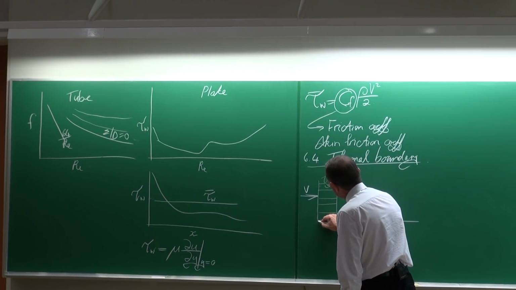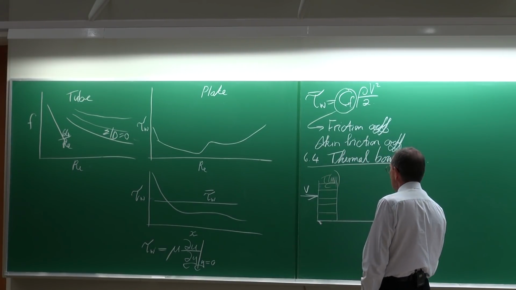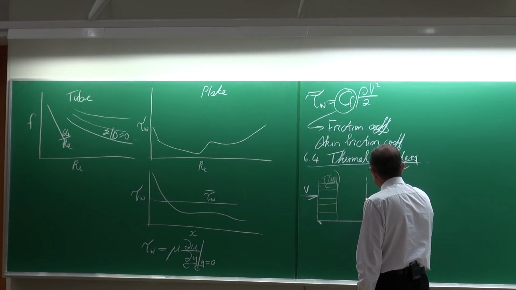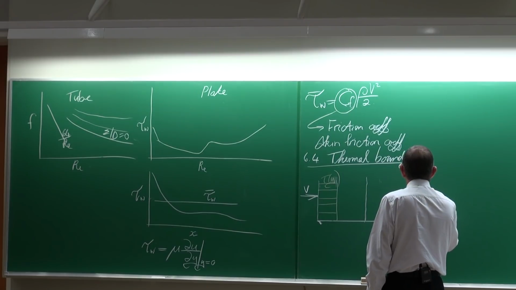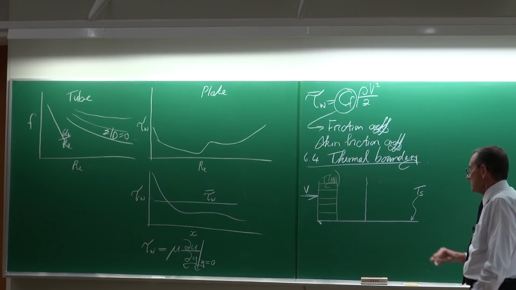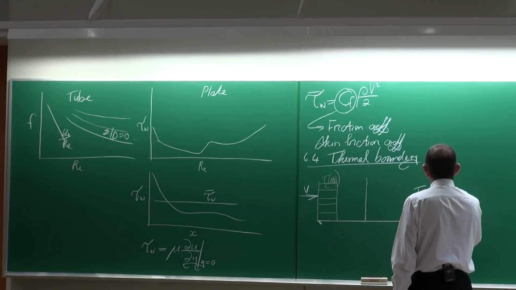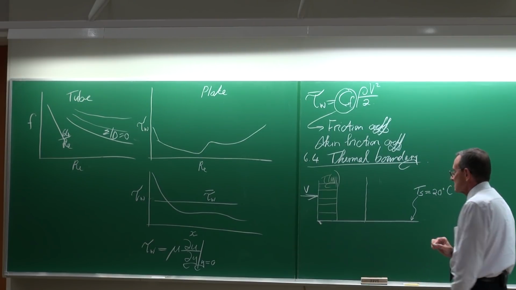Now there is the plate, and what we will see is that on the plate, this plate will have a certain surface temperature. Now let's suppose the surface temperature is 20 degrees Celsius.